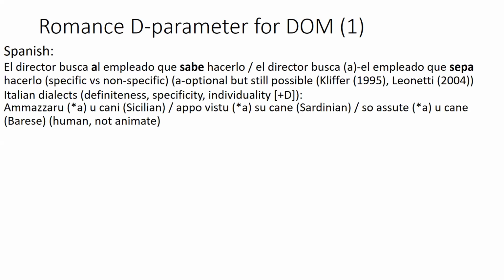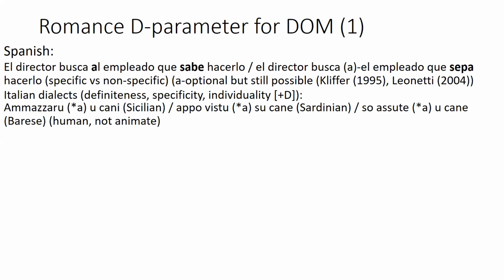First of all, we should define animacy a bit more carefully here, because in Italian dialects it's been pointed out that non-human animates like animals, for example, tend not to be marked by a. I don't speak these Italian dialects, but I can try. Ammazzato u cane. You wouldn't say a u cane. Abu visto su cane. So asute u cane, etc.